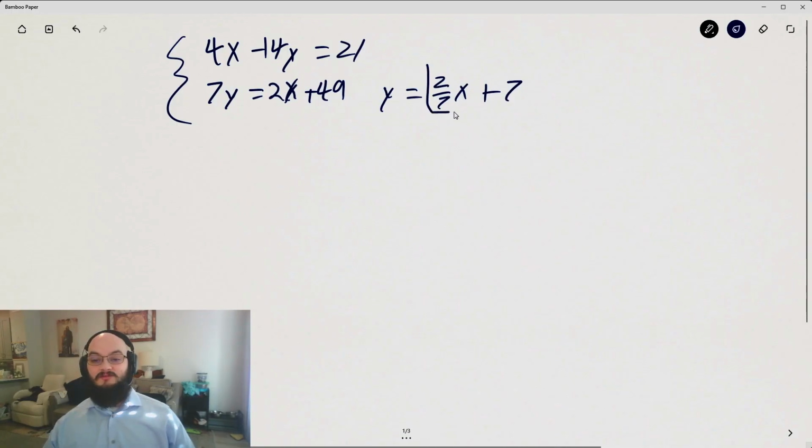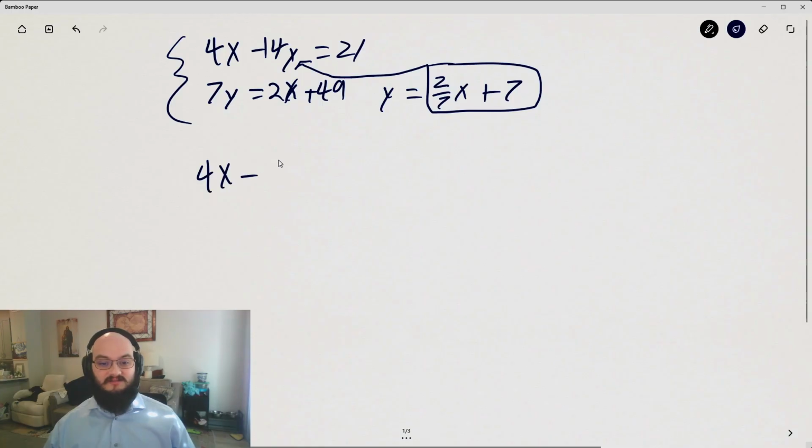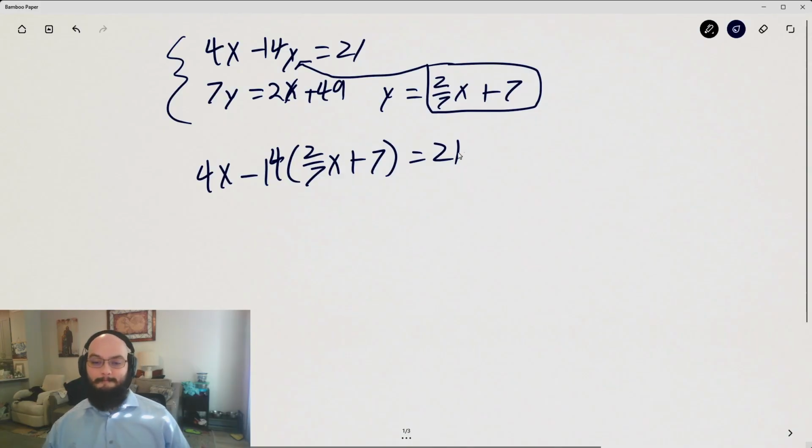And then substitute this value into this y. So that would be 4x minus 14 times 2/7 x plus 7 is equal to 21.